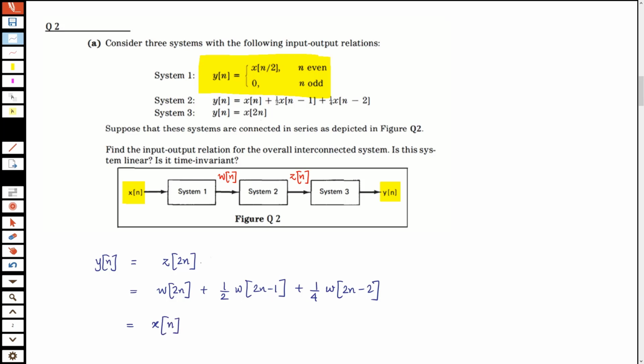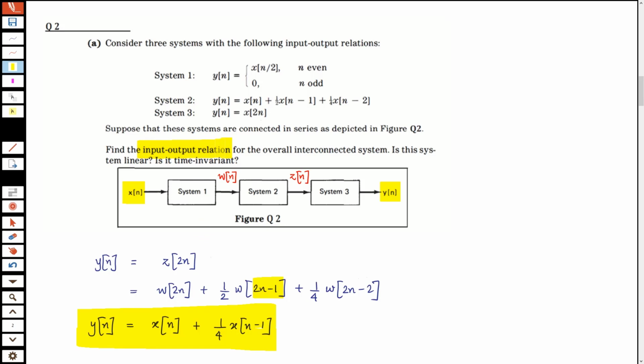For the second term, looking at this argument, this is obviously odd, and therefore you would not have this term as an output of system 1. And this term, you could write as 2n-1... and then when you do x[n/2], this 2 would get cancelled and you would get 1/4 x[n-1]. So this is your answer. This is the input-output relationship that was asked in the question.